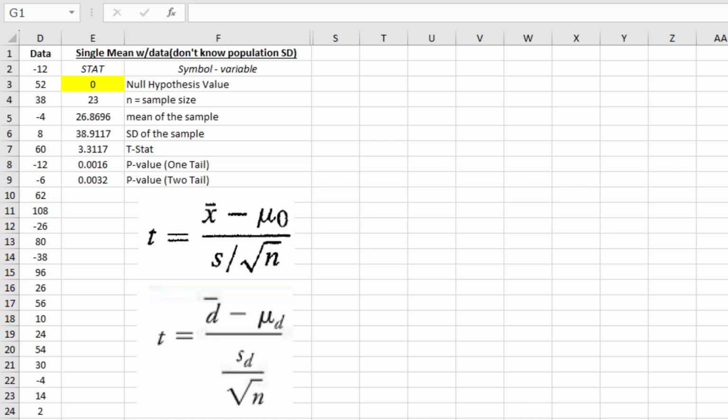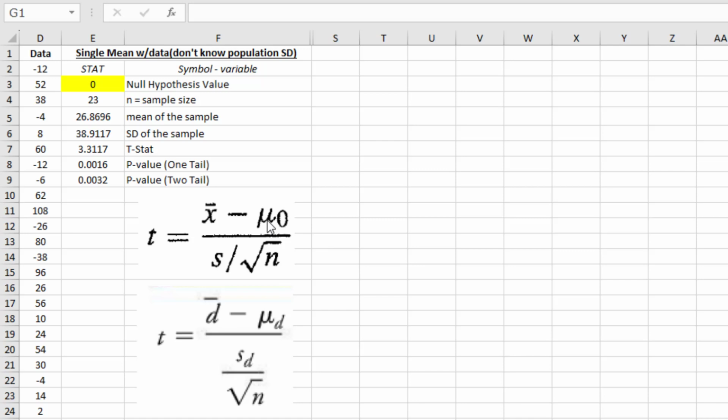You'll notice that the formula for doing a t-test for what is called dependent means looks awfully similar to just a standard old t-test for one mean, one set of data. And that's because it really is the exact same test. Instead of the average of your one set of data, you're taking the average of these Ds, and these Ds are the difference scores from the two sets.